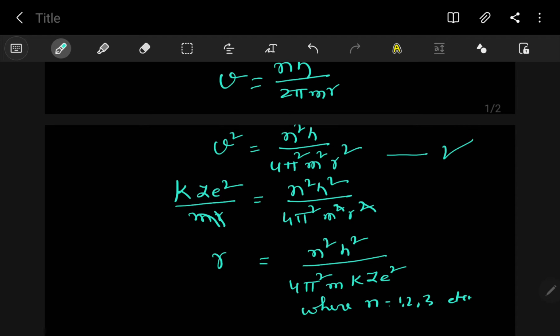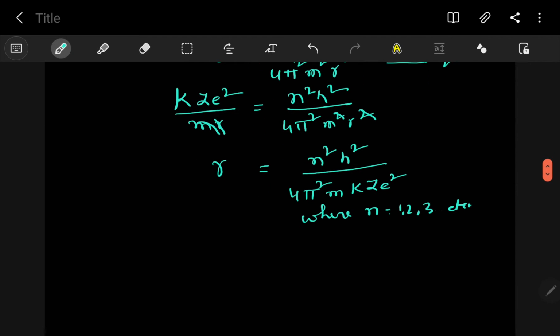Next, I am going to explain the radius of the smallest orbit, the first orbit, where n equals 1.